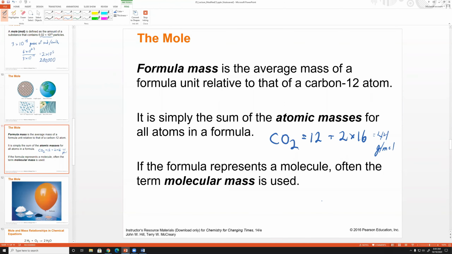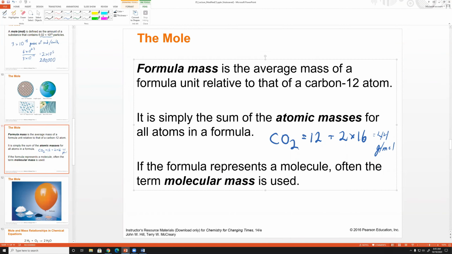That's it. So going back, if you look at the table, carbon is 12, oxygen is 16. So you're going to add up 12 for carbon plus 2 times 16 for the 2 oxygens, and you get 44. Oh, okay, good. And that applies to every single case.